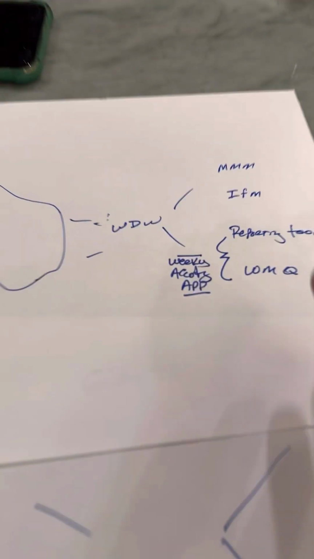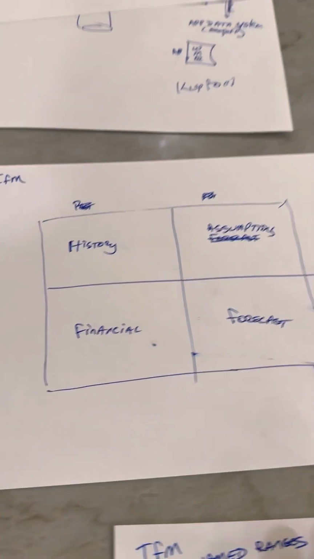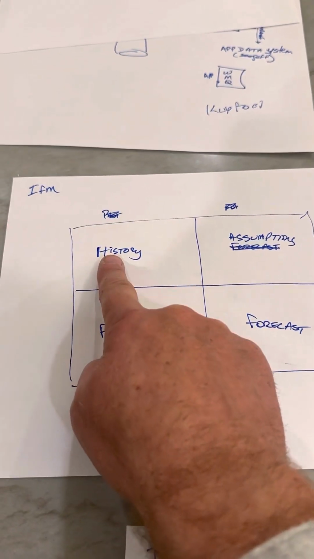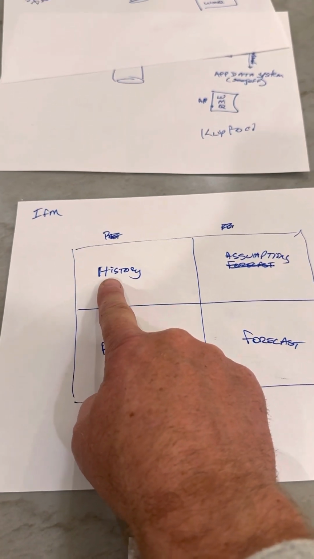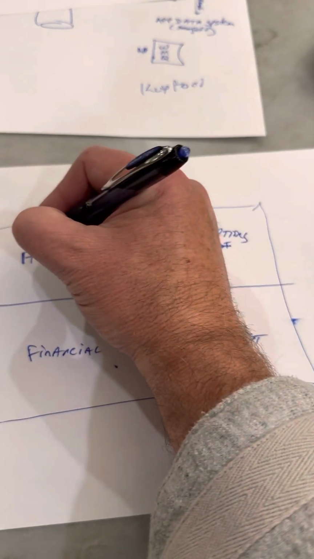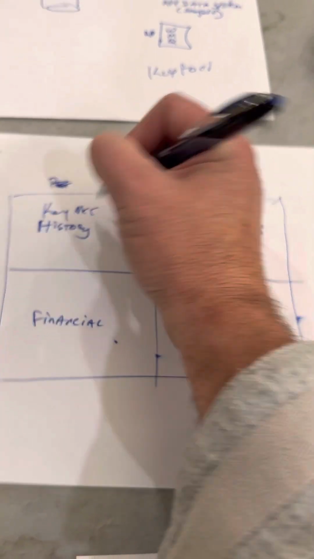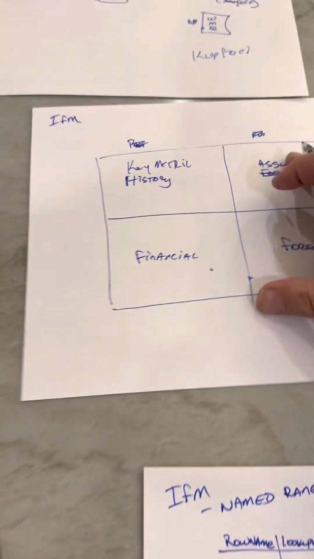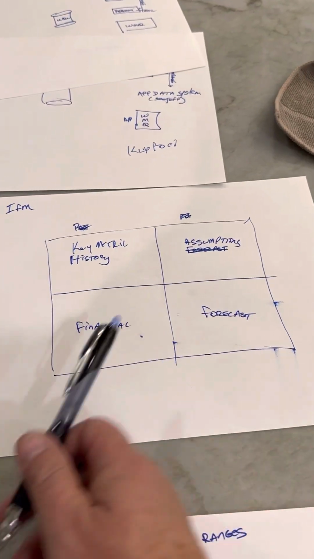And so now let's just drill back down into the IFM. The IFM has the key metrics here, and that's history, and then it has the key metric assumptions. And then it shows the financials.